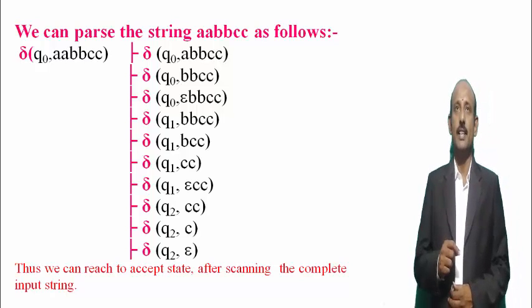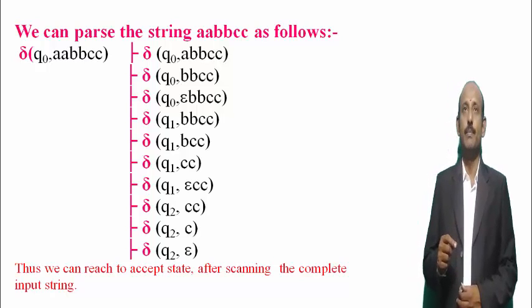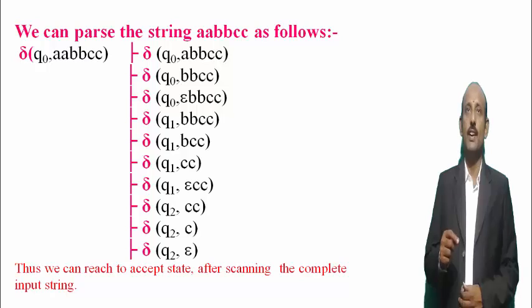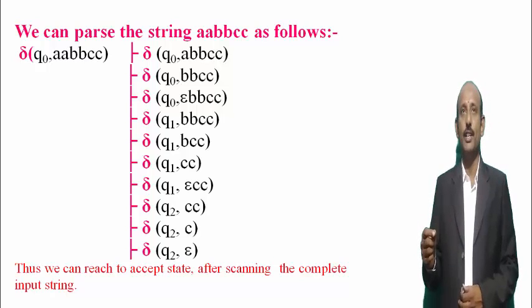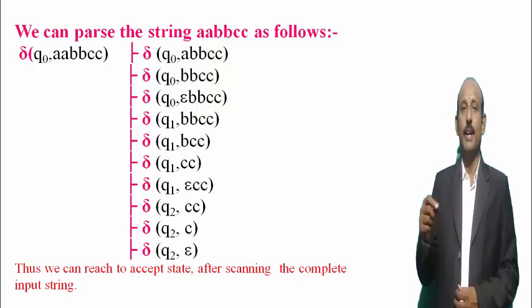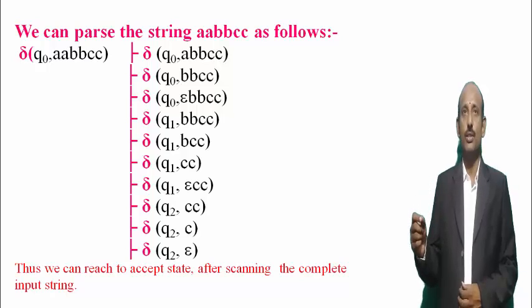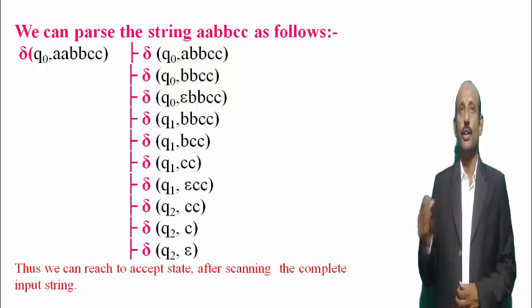Next, the Q naught state reads the input B. After reading this input B, there is an epsilon transition, so we can move from Q naught to Q1. So with Q naught and epsilon, the transition goes from state Q naught to Q1.